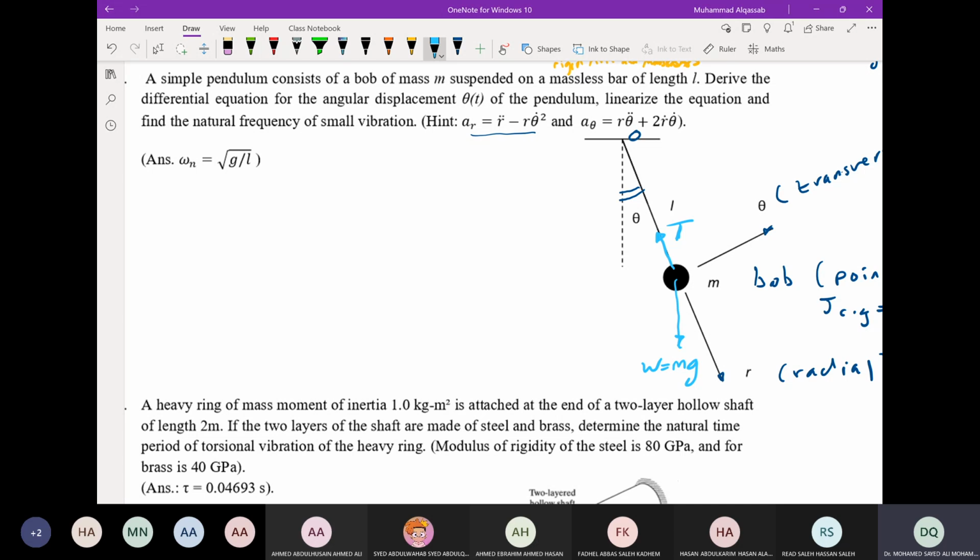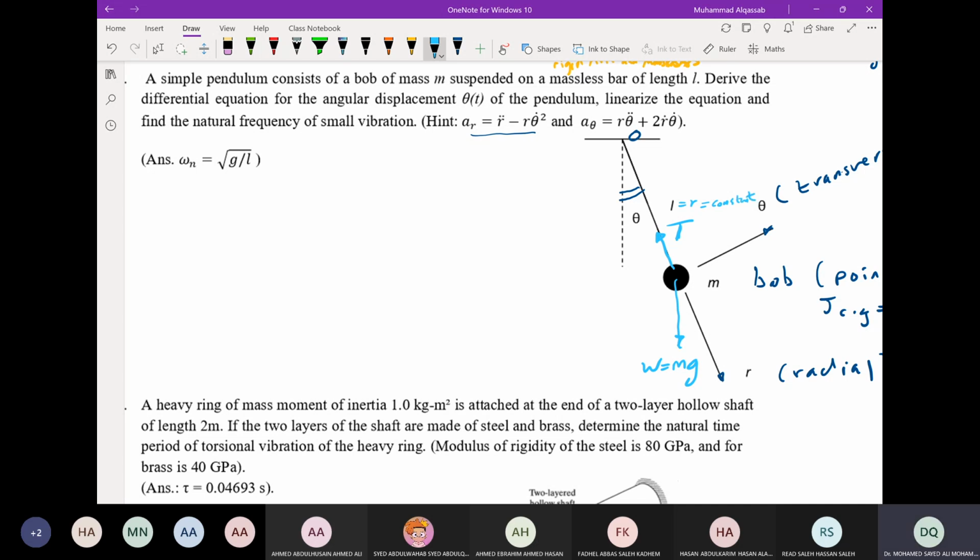Now, what is R here? R in this problem is for a mass attached at a distance L, so R equals L, equal to constant for the pendulum.